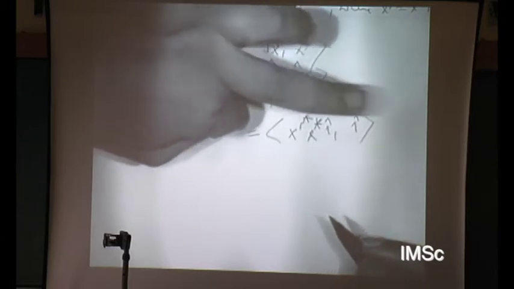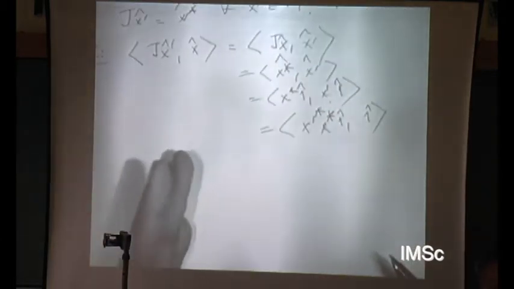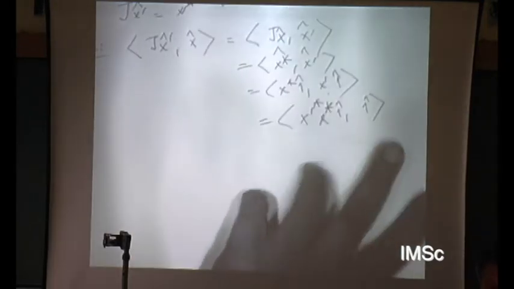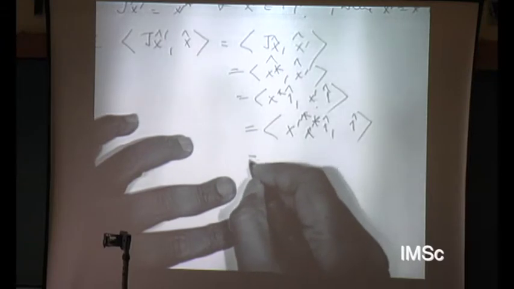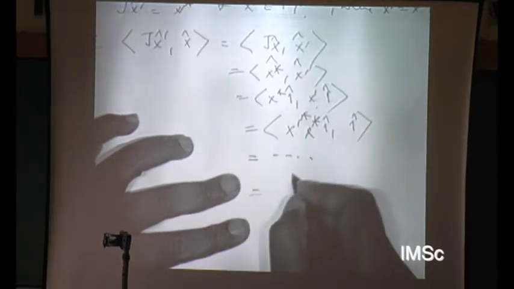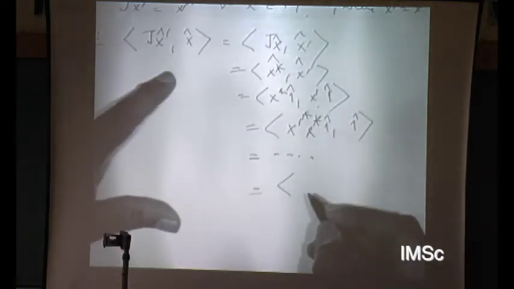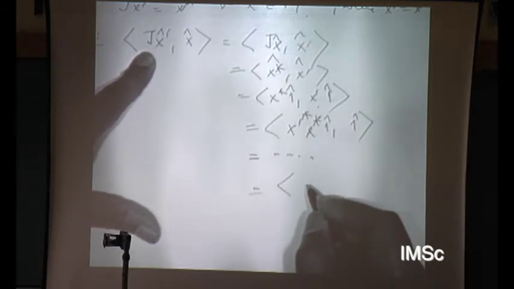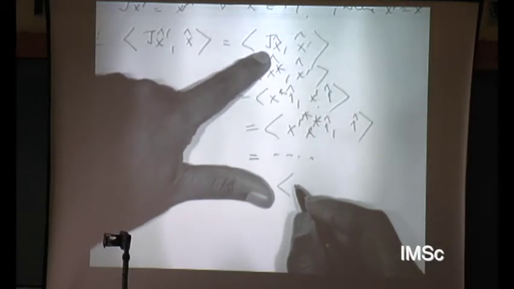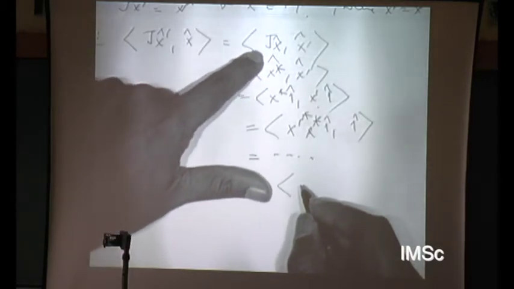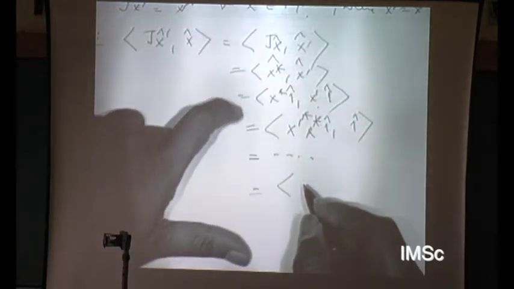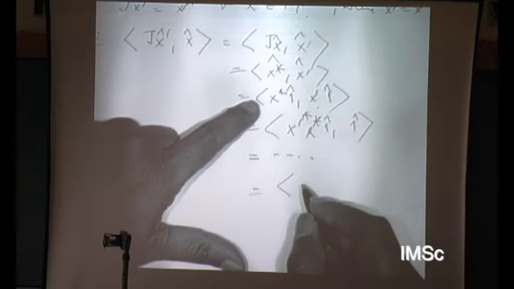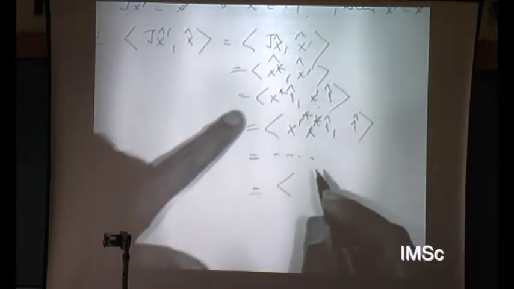So I can turn it the other way and then pull the X over to the other side as X, and I can repeat everything with just X and X prime interchanged, and finally I will come back with just X and X prime replaced. So first is X star.